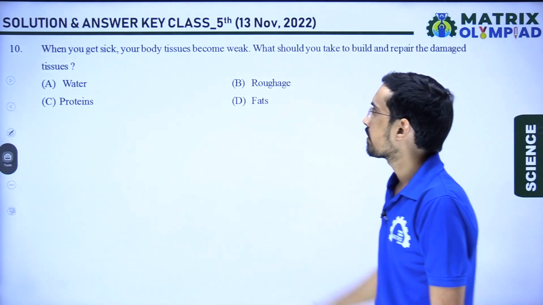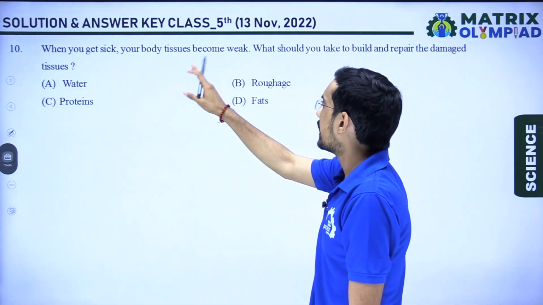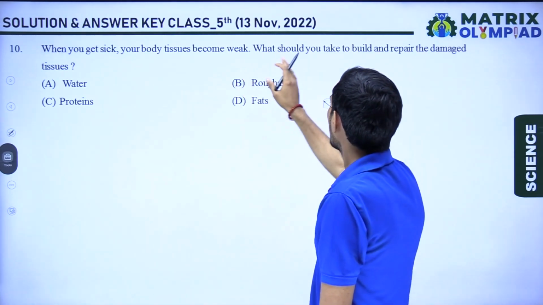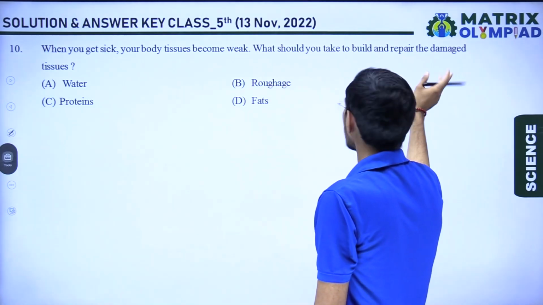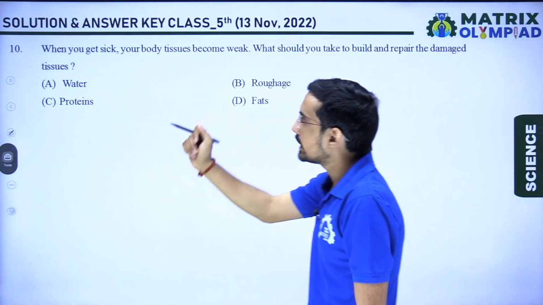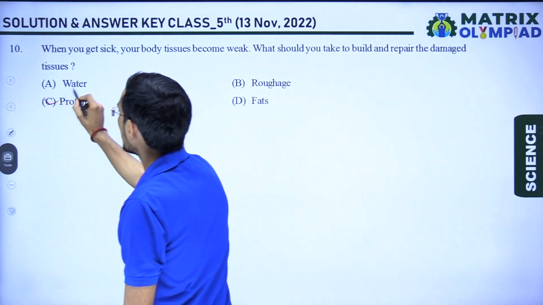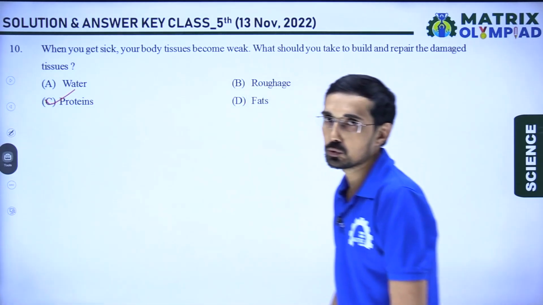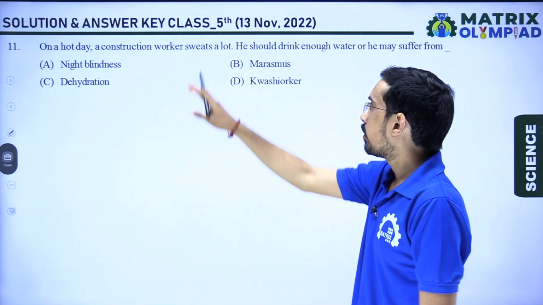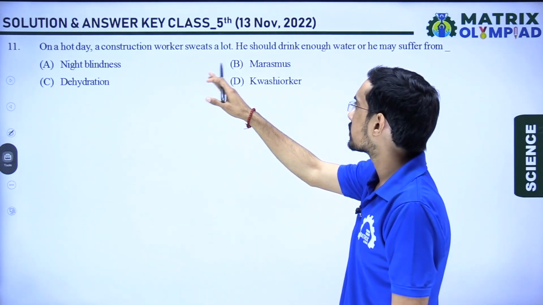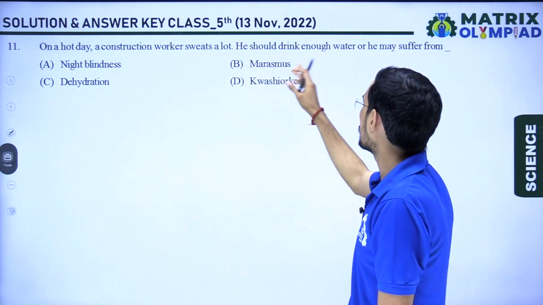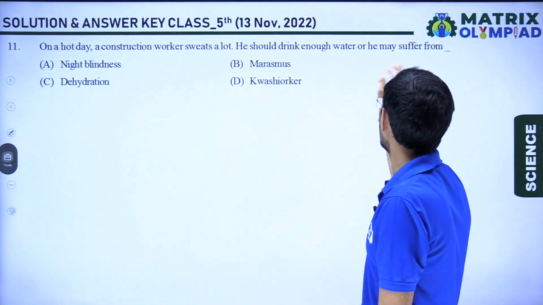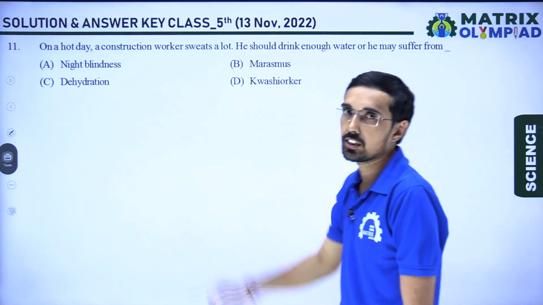Next question. When you get sick and your body tissue becomes weak, what should you take to build and repair the damaged tissue? Protein is the best source for the repairing purpose of the tissues. Next question. On a hot day, a construction worker sweats a lot. He should drink enough water or he may suffer from dehydration.